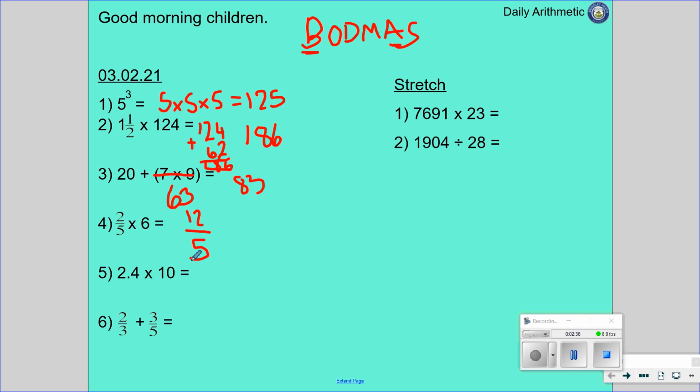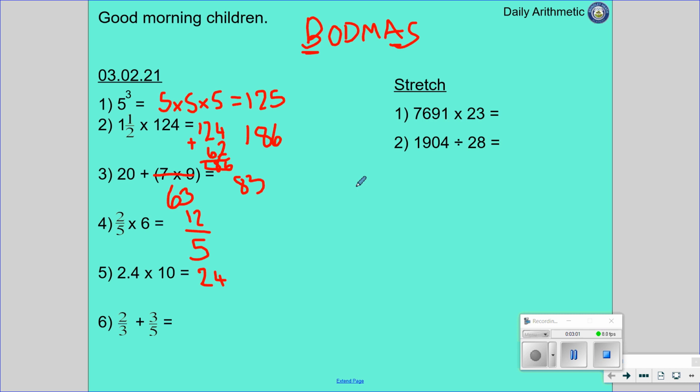Question 5, 2.4 times 10. Remember, if I'm timesing a number by 10, all I do is move the digits one place to the left. So at the moment, my 2 is in my ones column. If I move it one more place to the left, it ends up in my tens column. And my 4, which is currently in my tenths column, that ends up in my ones column. So I end up with the answer 24.